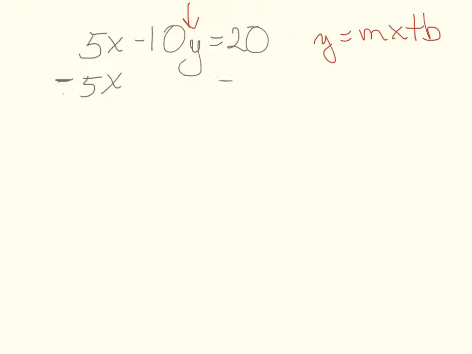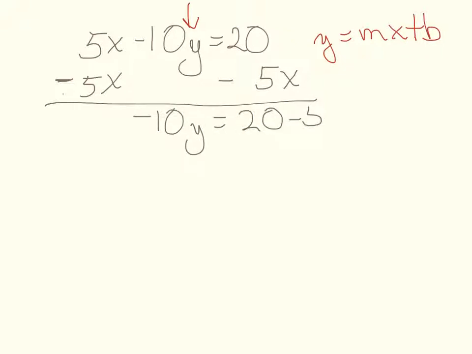I get a negative 10y is equal to 20 minus 5x. And I have to be careful on this right-hand side. I can't subtract 5x from 20, right? Because those aren't like terms. So I just have to rewrite it in a line, like 20 minus 5x.